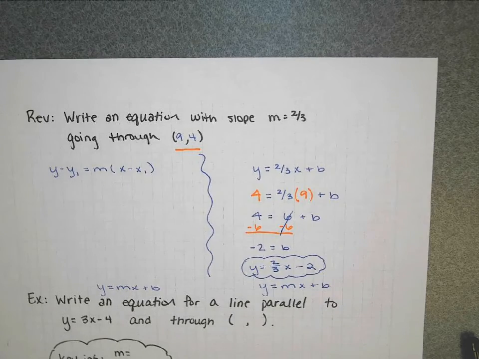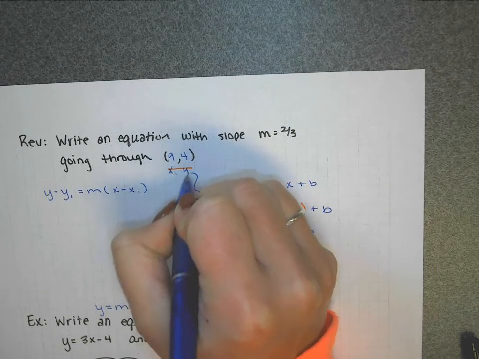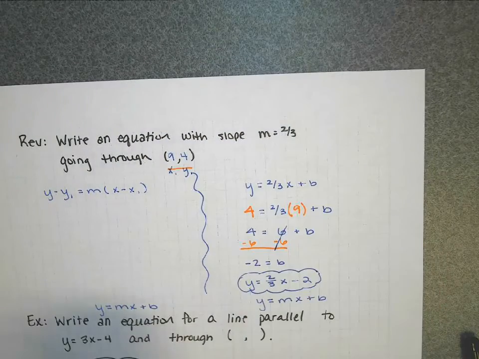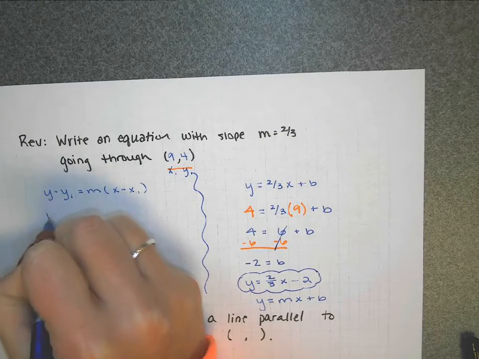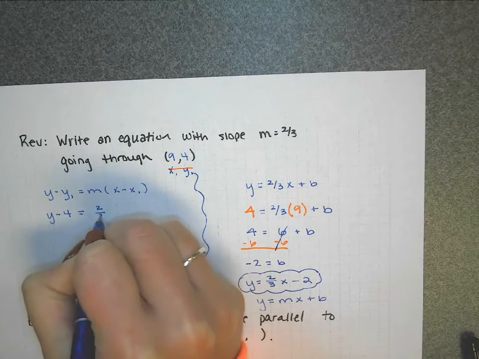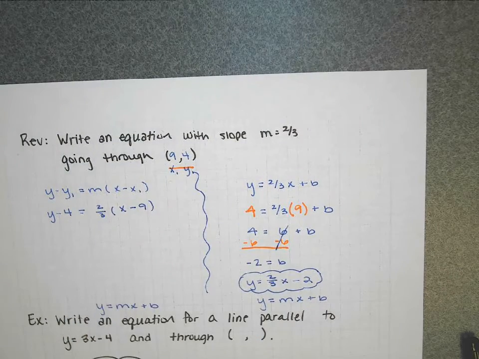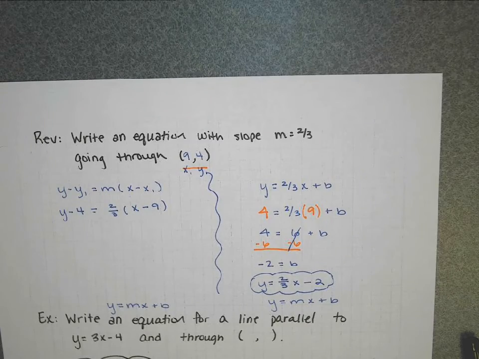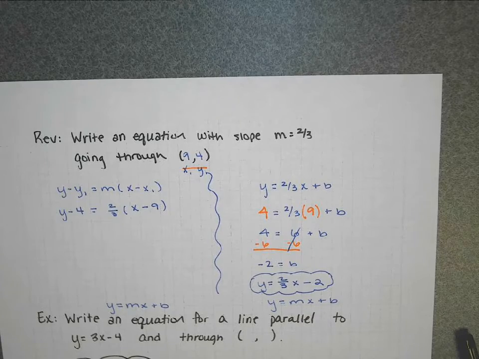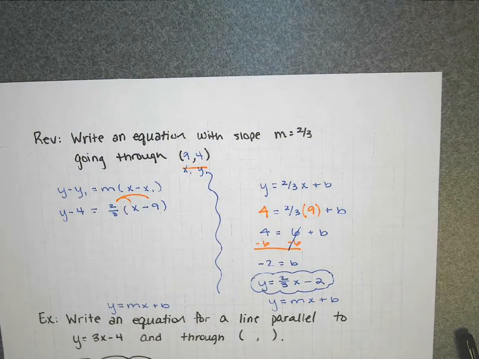Okay. Now, if you want to use point-slope form, this would be your x1, y1, and there's your m. So we have y minus 4 equals 2/3 times x minus 9. And then what we would do from here is you are going to have to distribute that slope to get rid of those parentheses.